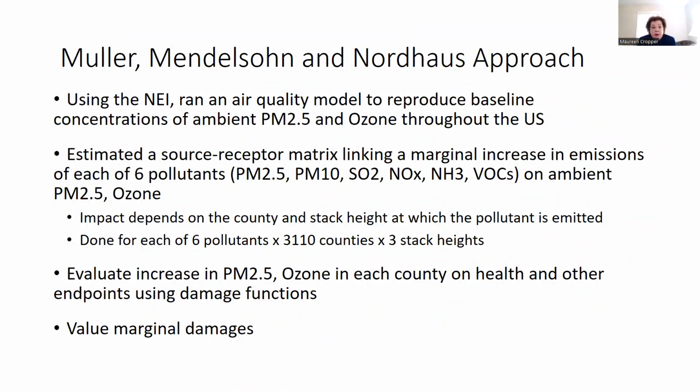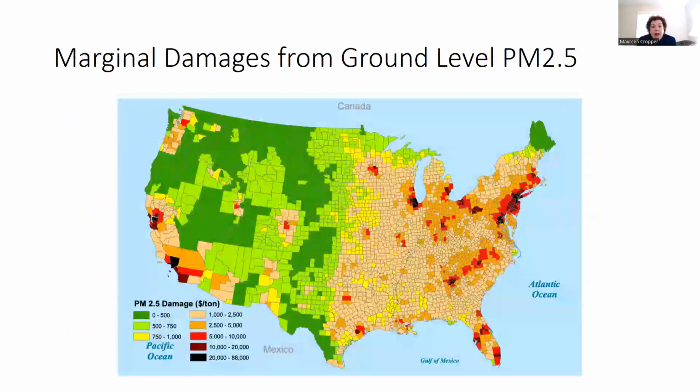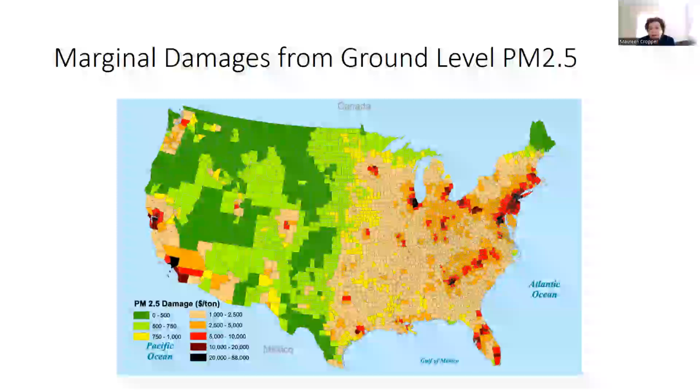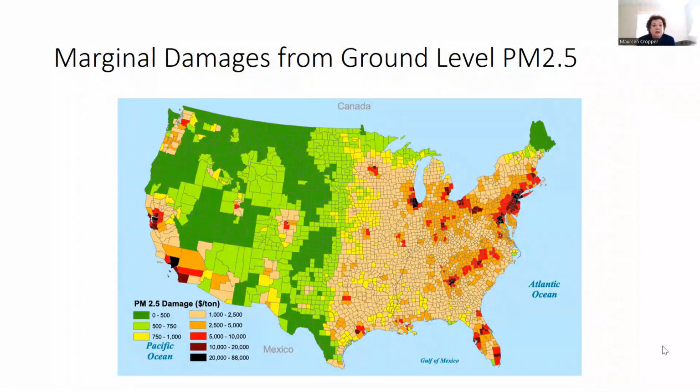And to give you a feel for this, the next slide is a map showing the marginal damages from emitting a ton of PM2.5 at ground level. This is in the year 2002. The damages here are in 2000 dollars per ton. Suppose I focus on Los Angeles County, which is outlined here in black.